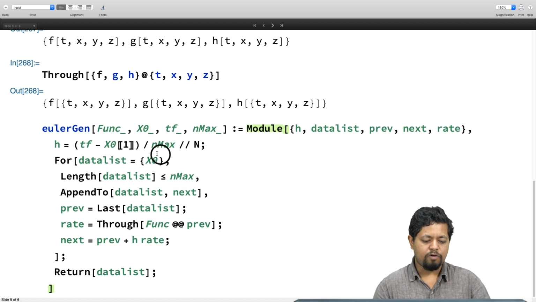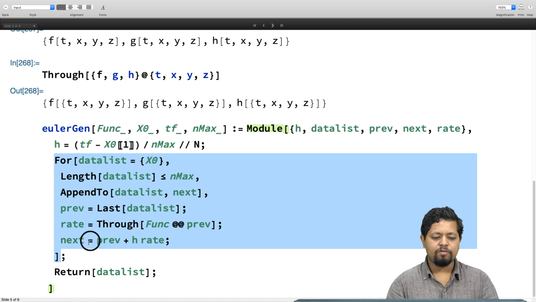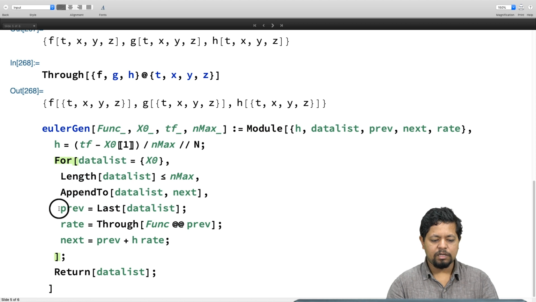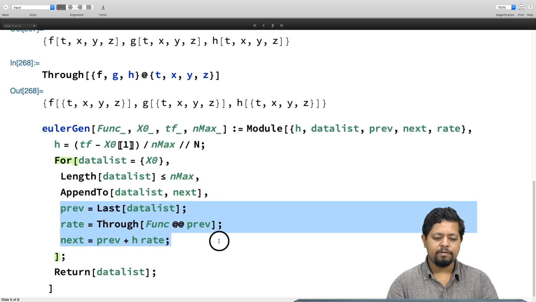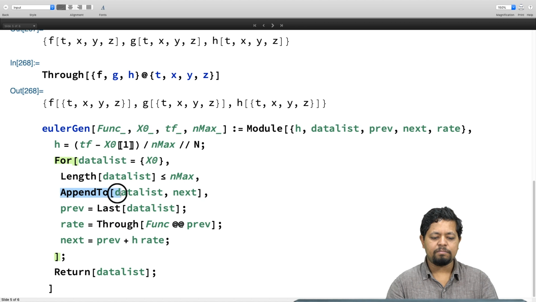Then I want to start my For loop, and this is the part of my For loop. In the For loop, again I've got the initialization, the condition, the increment, and the body. So the last 3 statements over here constitute the body, and in the increment I am appending to the data list the next element.